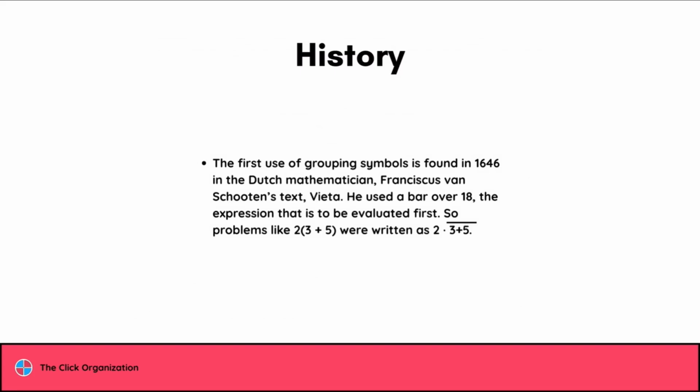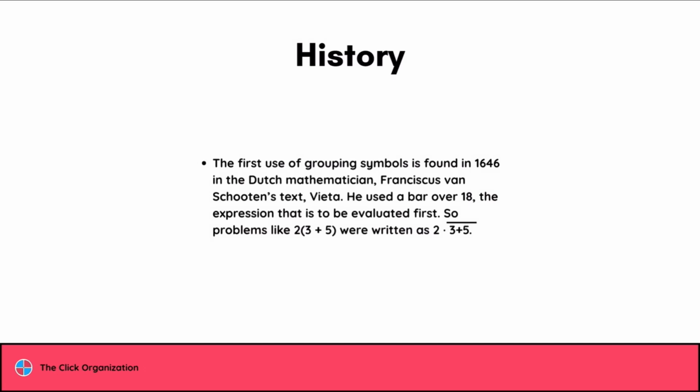And then if we go back a little bit and talk about the history, I'm going to read this text for you. The first use of grouping symbols is found in 1646 in the Dutch mathematician Franciscus van Schooten's text Weta. I hope I'm right with the pronunciation, but Franciscus van Schooten is the name of the mathematician, and Weta is his text's name.